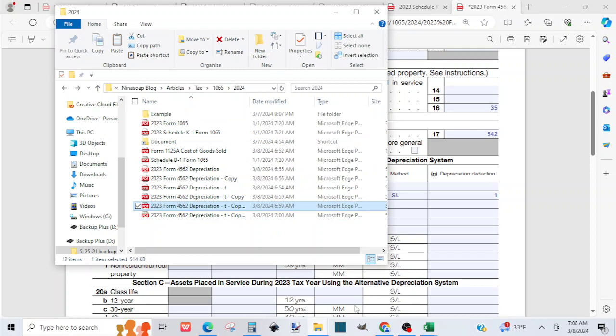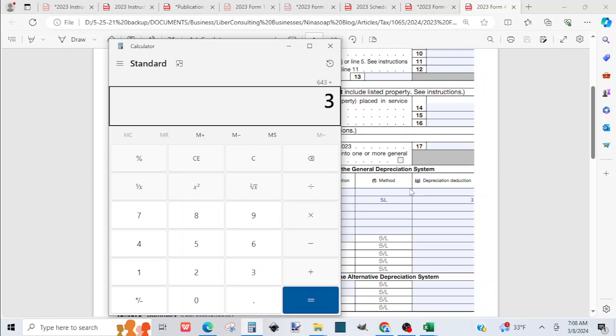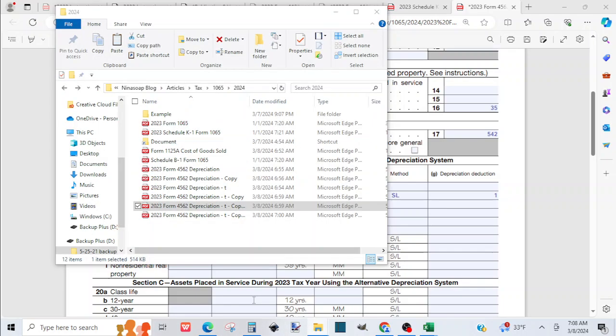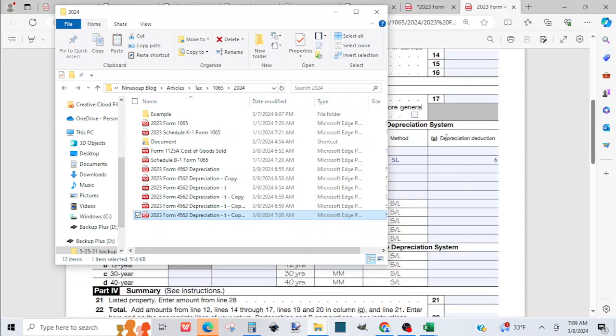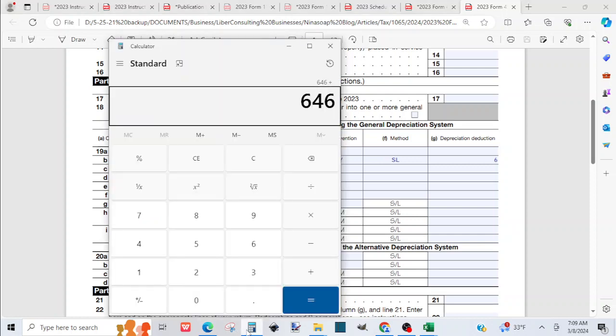And open the next one. Plus 3. And we will close it. Plus 6. 652.